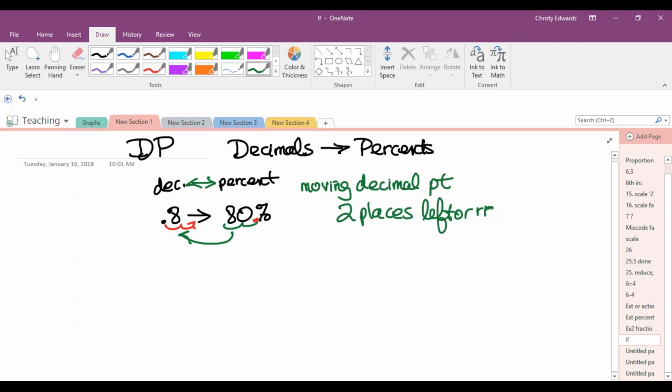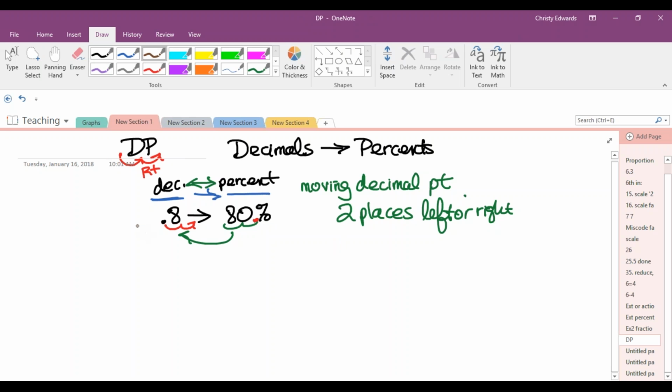But sometimes we forget which way it's supposed to go. The Dr. Pepper rule helps us remember. If you're going decimal to percent, jot down DP on your paper and say to yourself, if I'm starting at decimal, put your pencil by the D and say, to get to a percent, I've got to go 2 places right.